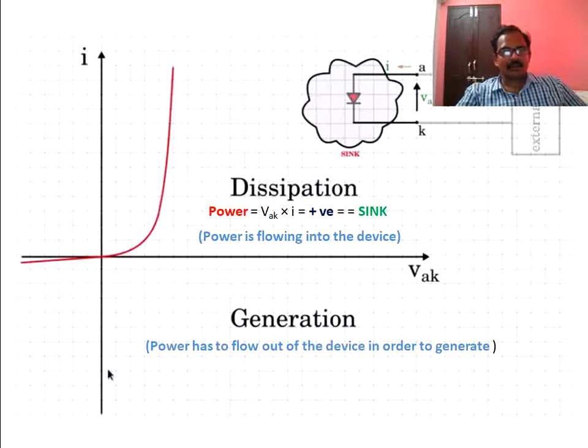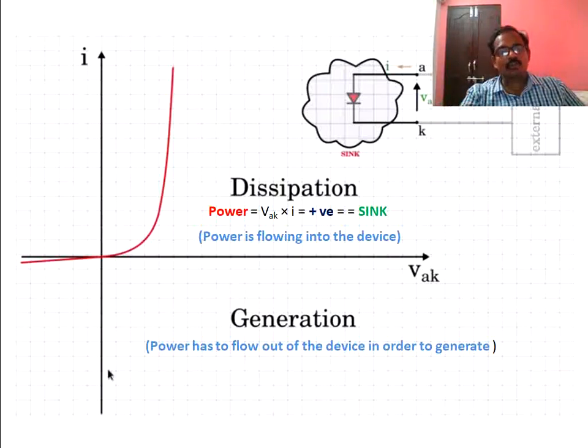As I already told you, the first quadrant is a dissipation quadrant because it is taking the power. It is dissipating the power, absorbing the power. Voltage is positive, current is positive, so power is positive, and it acts as a sink. Power is flowing into the device from the external circuit to the diode.